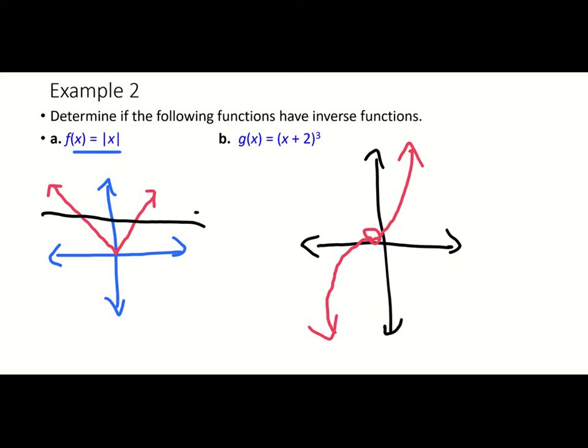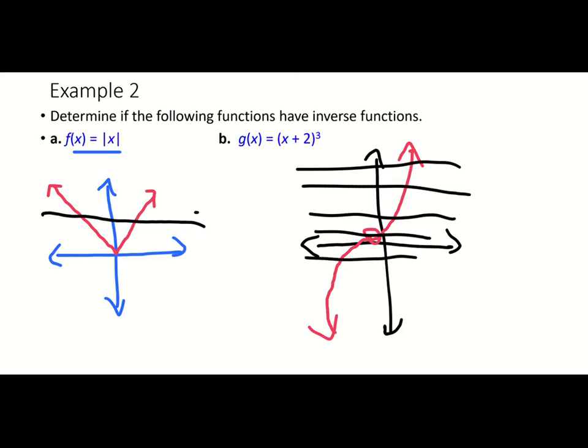Now, if I look at this and do my horizontal line test, and again, I'm drawing the lines so you can see them, as I go across, it shouldn't be that flat there, but as I use my horizontal lines, this graph does pass both the vertical and the horizontal line test.